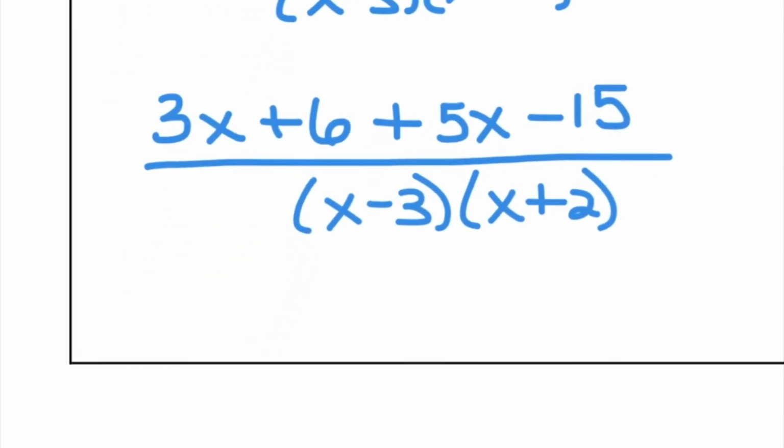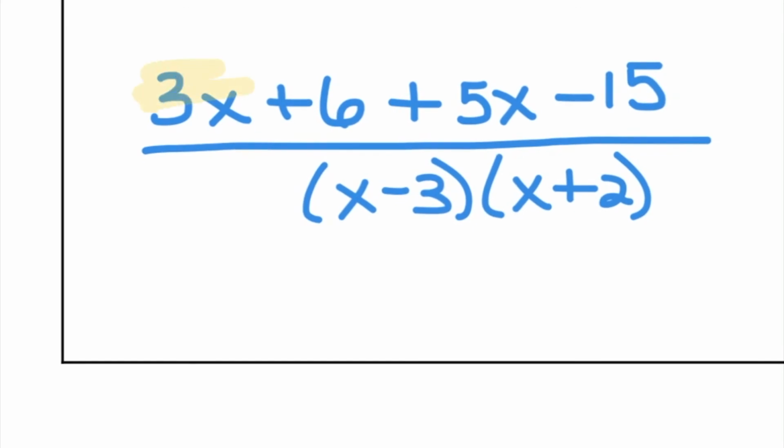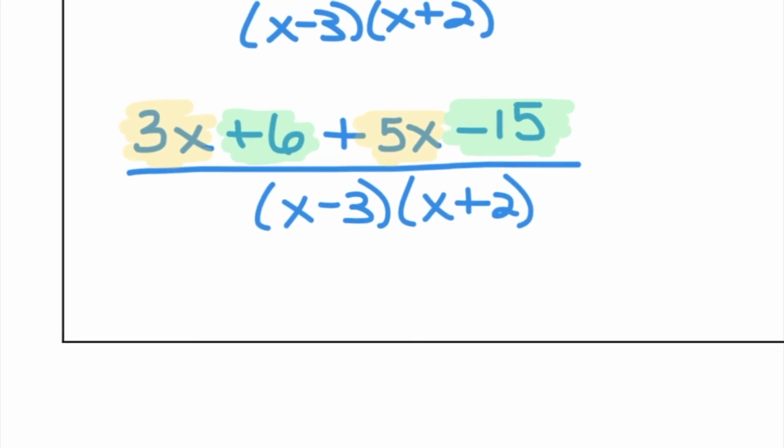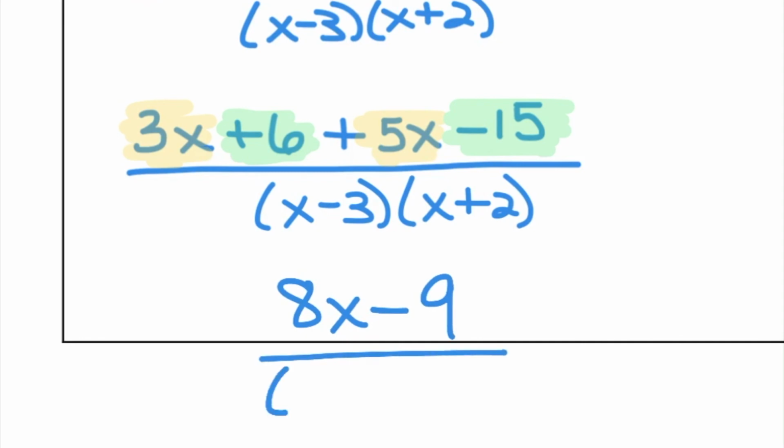And then simplify your numerator, combining like terms. And so your answer would be 8x minus 9 all over x minus 3 times x plus 2.